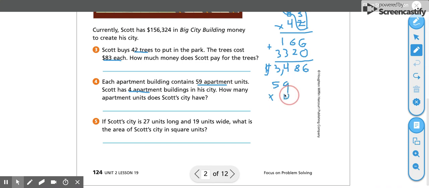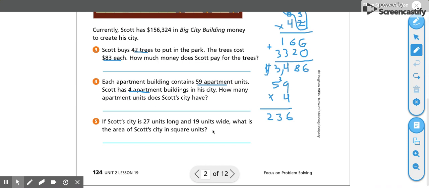I could draw a turtle head if I need to here to help, but I'm going to go ahead and try it without it. 9 times 4 is 36. 6, carry the 3. 5 times 4 is 20, plus 3 is 23. So we have 236, and then I would label it apartment units because that's what we're looking for. How many apartment units does he have?